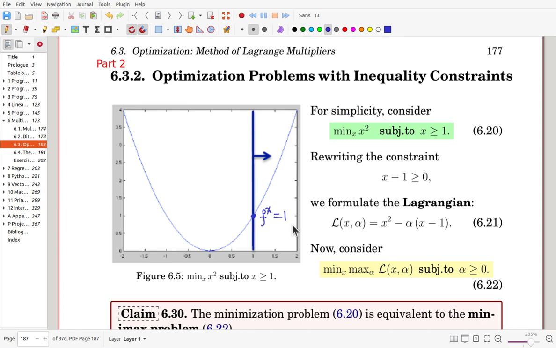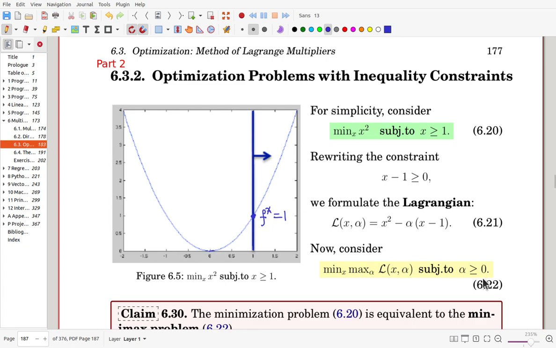First, we rewrite the constraint in this form and formulate the Lagrangian, f of x minus alpha times x minus 1. And we consider this minimax problem of the Lagrangian, subject to the Lagrange multiplier being non-negative.